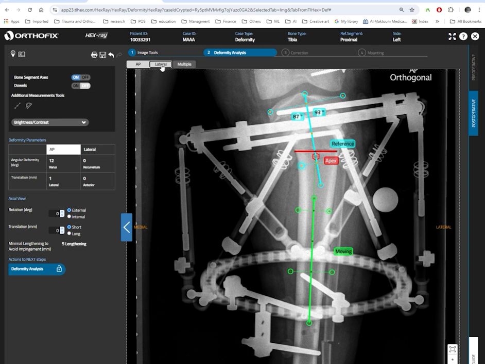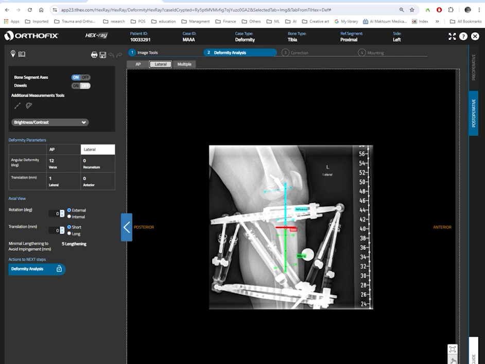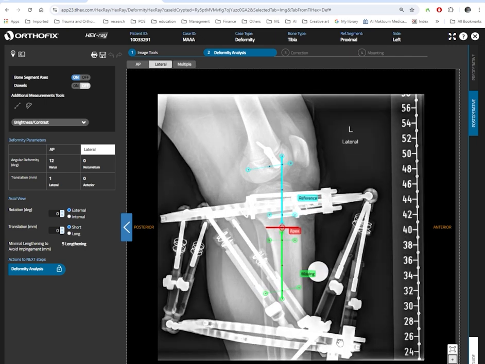Then we move to the lateral. Again, I'm going to magnify it. As you can see, the distal fragment we can use as a shaft line. For sure, we cannot see the distal tibial angle or the ankle joint to put these surface lines. So we're going to use a shaft line, which is in the middle of the shaft. You can see this line in the middle of the shaft, and this one we're going to use as a joint line.